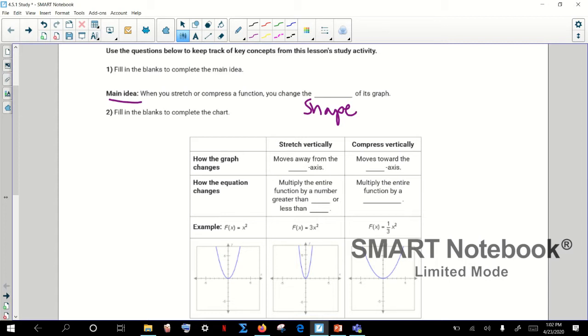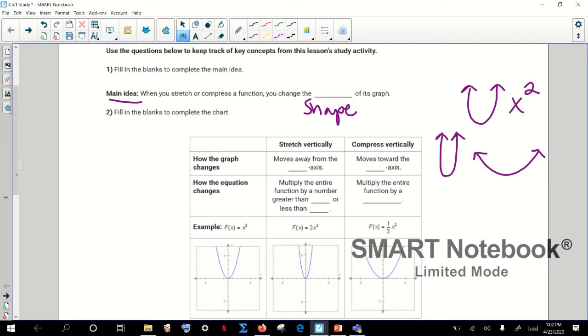When we're looking at stretching graphs, that's when the actual shape of the graph changes. So for example, if we're looking at the normal parabola x squared, if we were to stretch the parabola, it would get skinnier. And if we were to compress the parabola, it would get wider. Okay, so that's what stretching and compressing means.